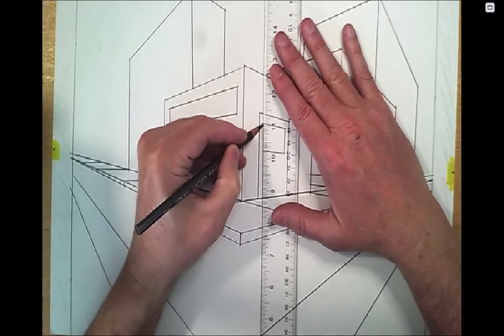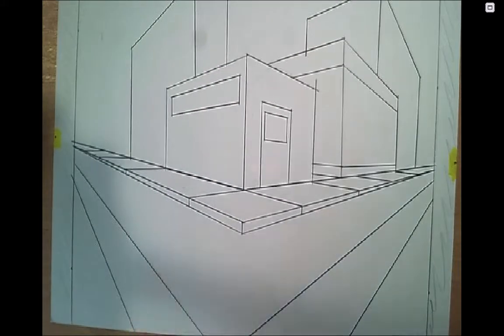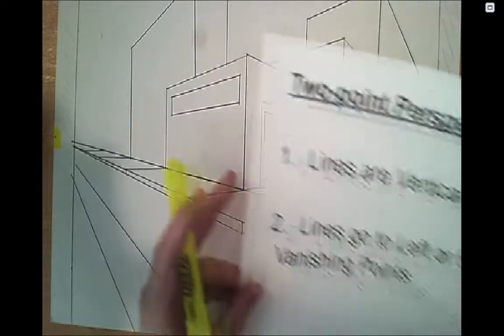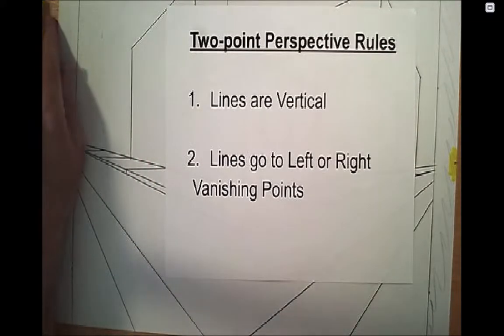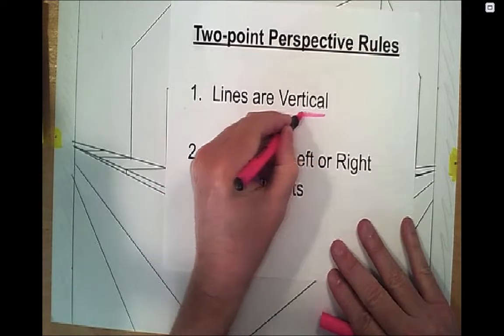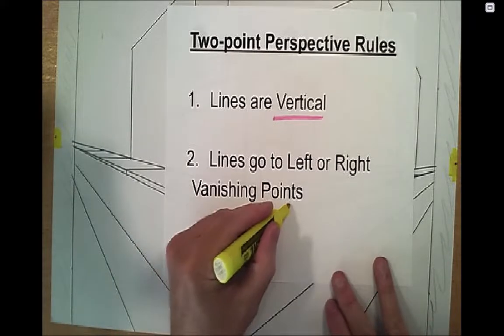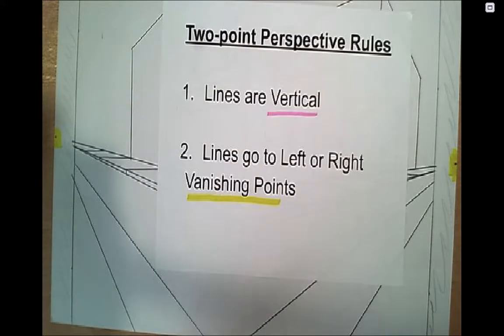Now something we were doing in class, and I'm going to repeat it here, is let's analyze this. Let's mark all of our vertical lines, or a lot of them, with pink. And let's sort of highlight a lot of my lines that are going to the vanishing point with yellow.